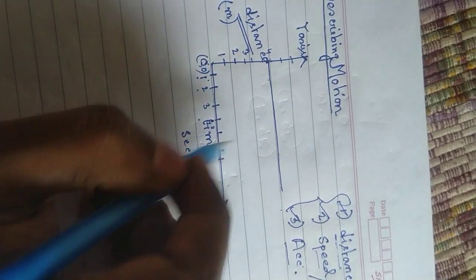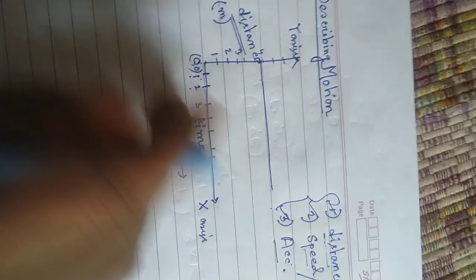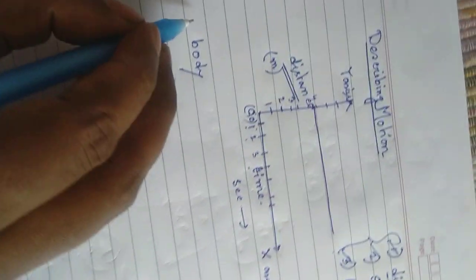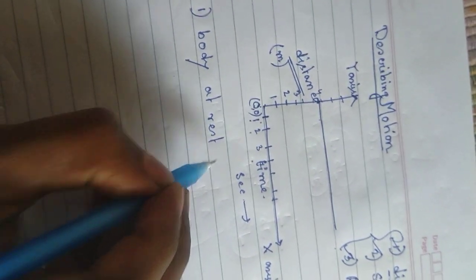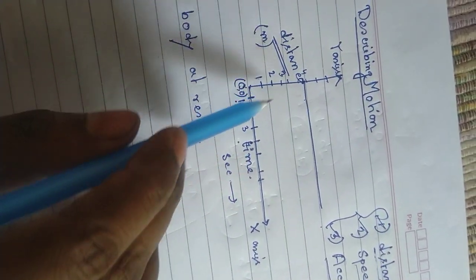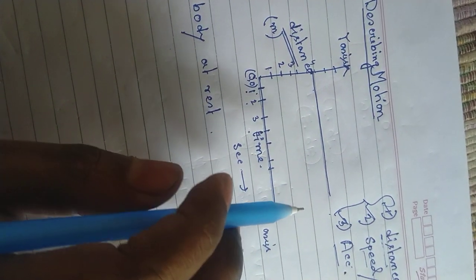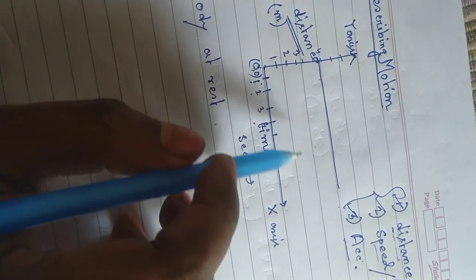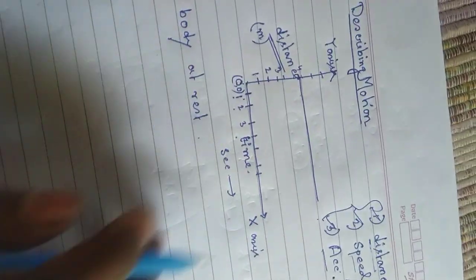So in this distance time graph, this is nothing but the body at rest. Whenever the body is at rest, the graph is like that. It is parallel to the time axis if we plot a distance time graph.